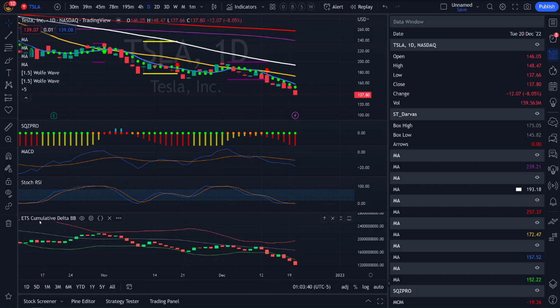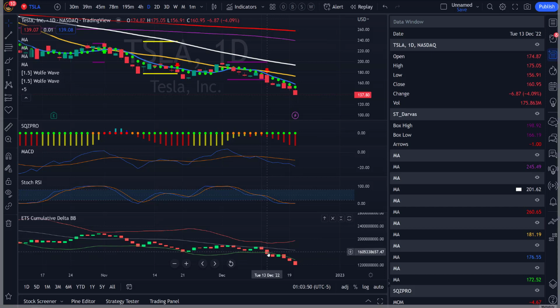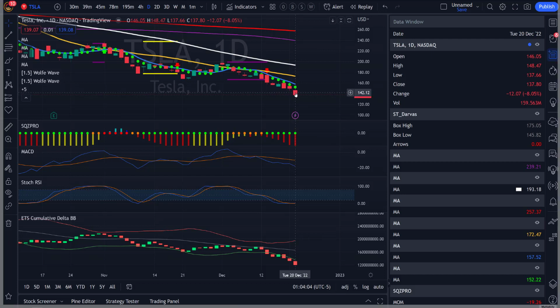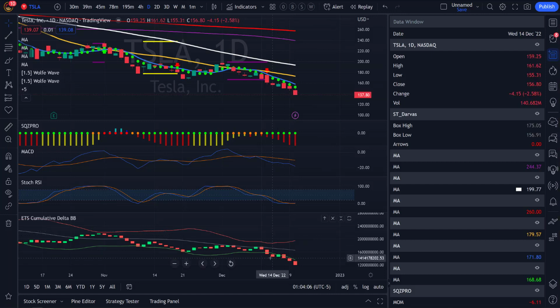Okay, and then finally we have this cumulative delta, which is basically taking the volume from each trading day and plotting it with respect to a Bollinger Band. So it gives us a better reference, and it's pretty much identical to the chart, but you have to keep in mind that the chart represents the candlestick's price action, but doesn't model the volume that well. Here in the cumulative delta, it does a better job.